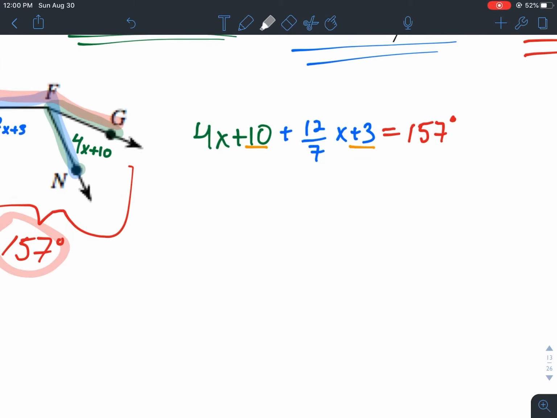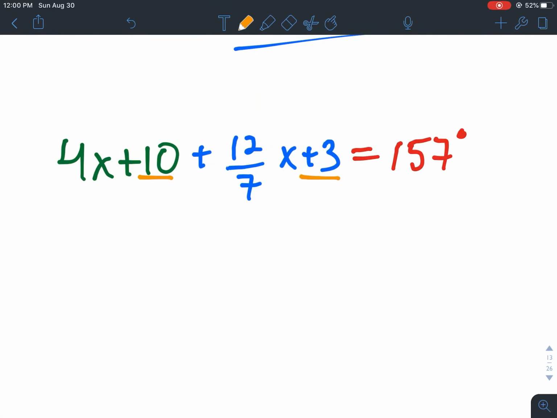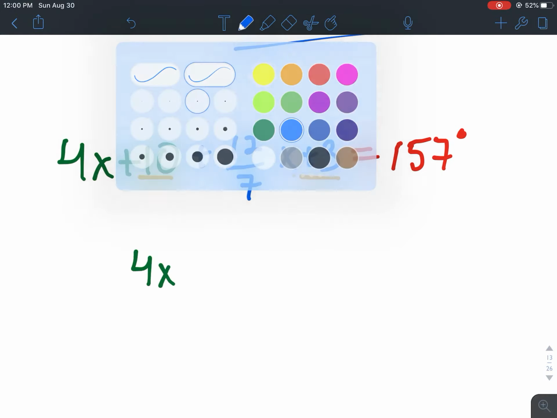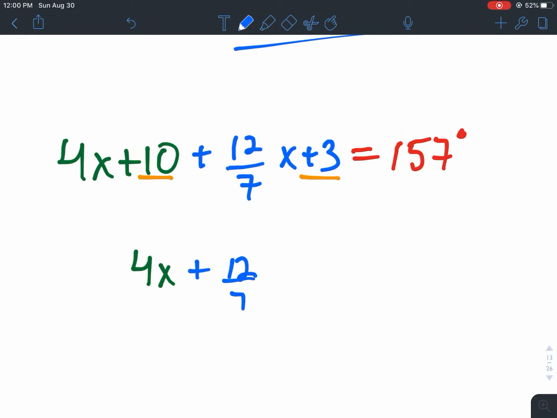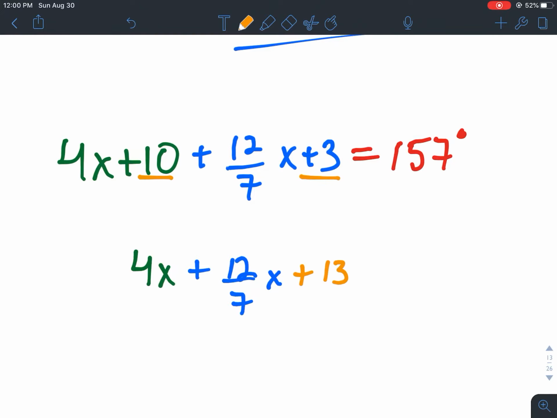So that's my equation. Let's start off with the simple things here, combining like terms, the 10 and the 3. We are left with 4x plus 12 over 7x plus 13 equals 157.